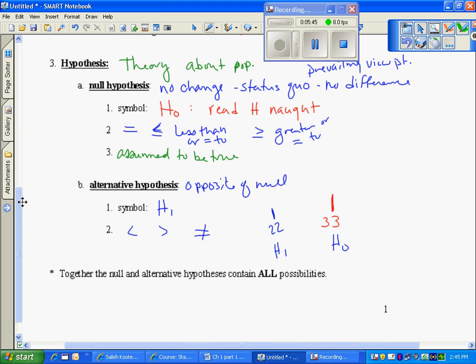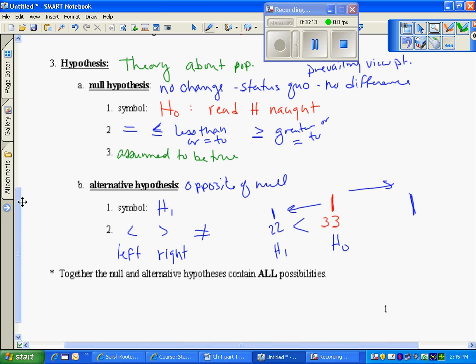This is my null. So notice it's on this side of 33. It is less than 33, so we're also going to say it's on the left. If it's greater than 33, it would land on this side of 33, or the right. And if I'm not sure if it's on the left or right, but I was told it was 33, and I gather evidence and I don't think it's 33, but I'm not sure, we would use the not equal to.